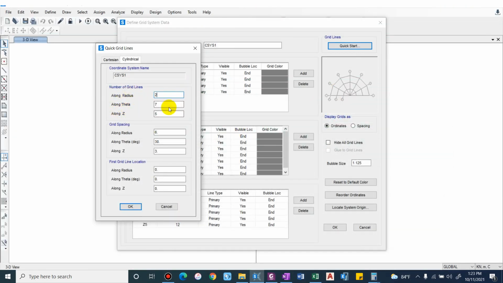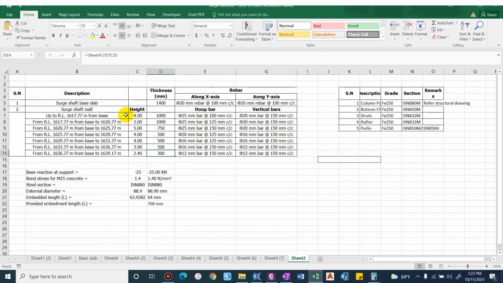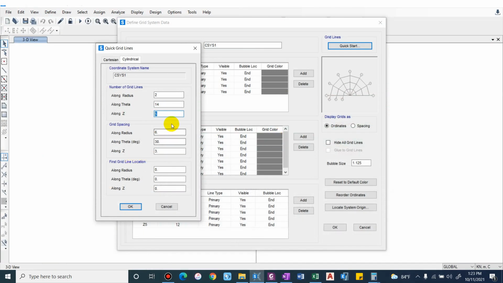And similarly along theta, for now let us go as 14. Along z, we are providing 4 different heights, considering base as 1, 750 as 2, 500 as 3, and this as 4, so 4.